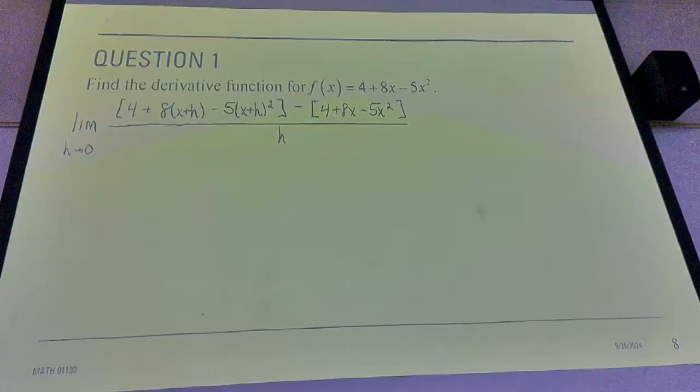Get 4 plus 8x plus 8h. Distribute that h through. X plus h quantity squared, it's a known formula, a special formula in algebra: x squared plus 2xh plus h squared.